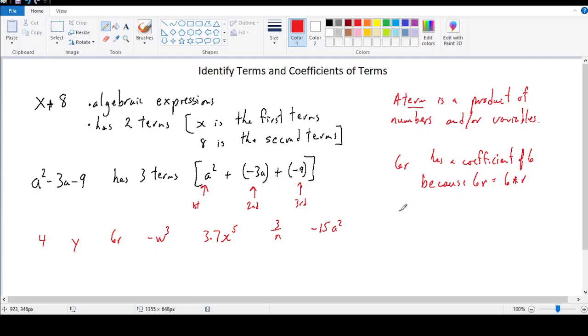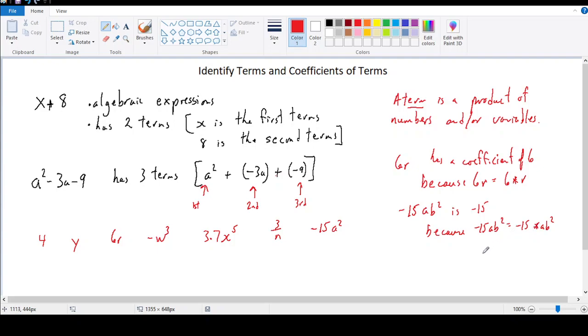The coefficient of negative 15ab squared is negative 15 because negative 15ab squared equals negative 15 times ab squared.